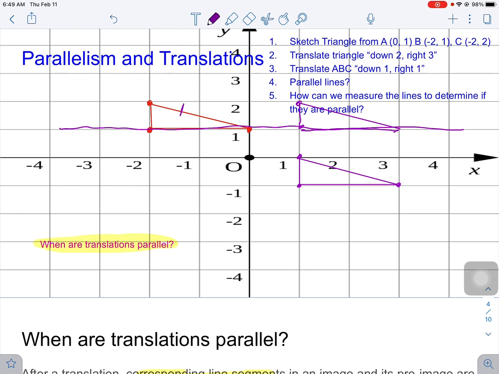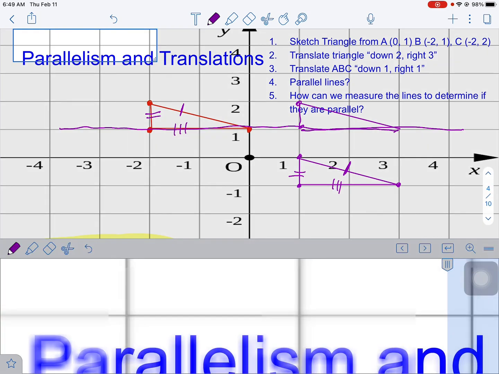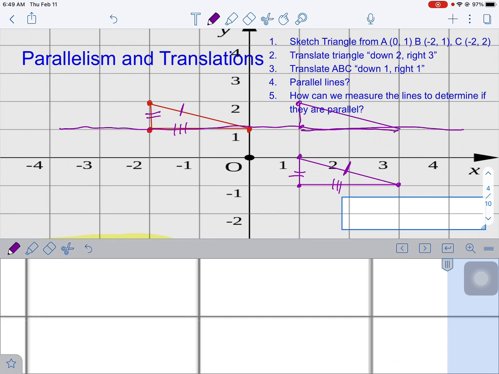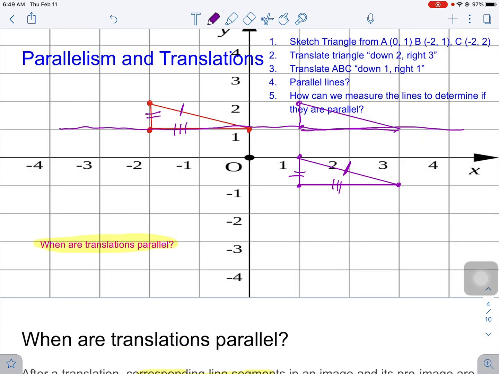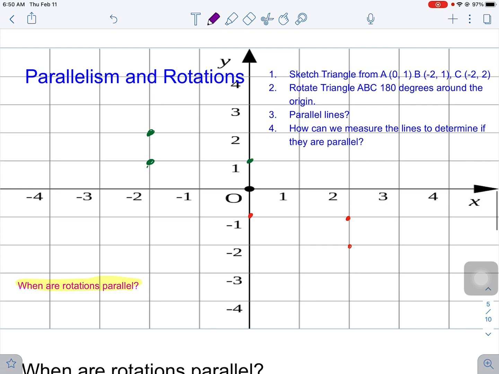So corresponding would be like this is parallel to this, and this is parallel to this. I showed them as being congruent, but it's also true that they're parallel. I could show it like this also, and here. So with a translation, they're always going to be parallel, or even on the same line.